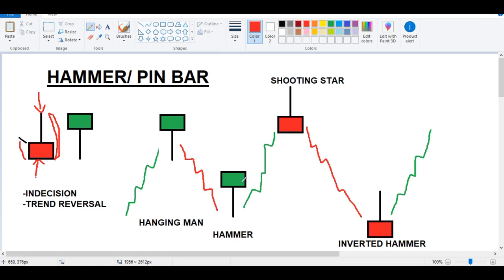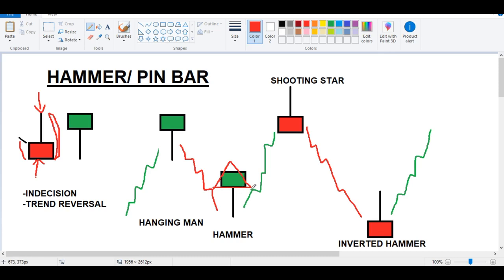And generally what I like to do is draw this arrow. It looks like an arrow pointing up, which clearly means that price wants to move higher. So keep this in mind if you see a hammer at the bottom of a trend.